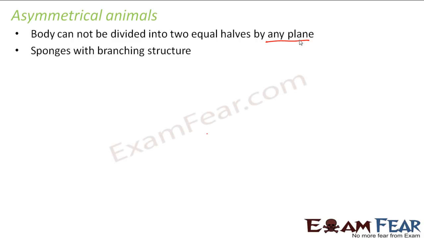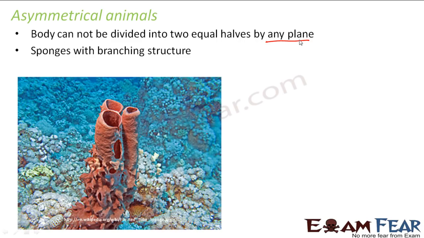Examples are sponges with branching structure. So here you can see sponges. This is how sponges look. It doesn't matter whichever axis you break it, they have this kind of branching structure. So you will never be able to reach a symmetrical structure, because let us suppose this is your sponge, it looks somewhat cylindrical here in this picture.